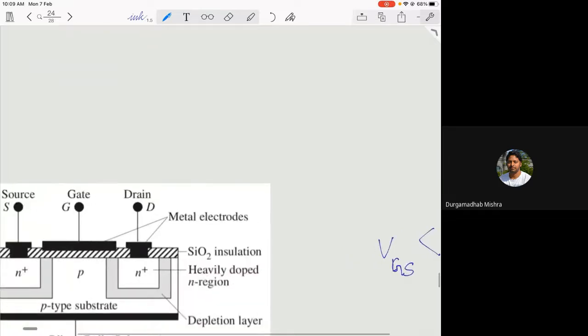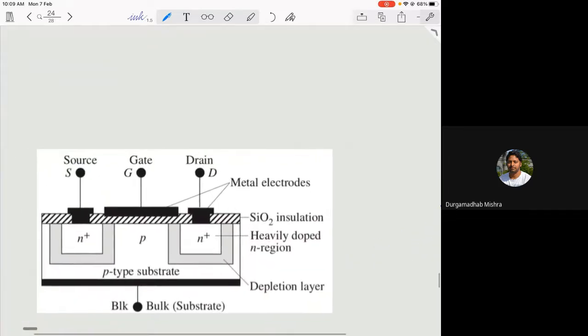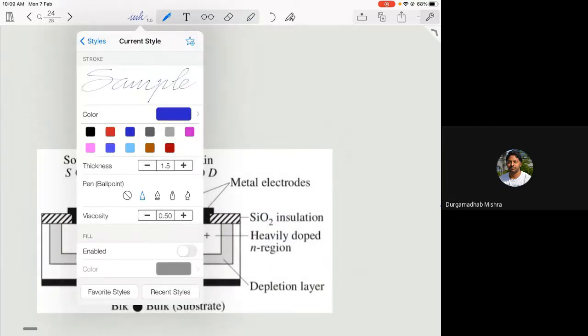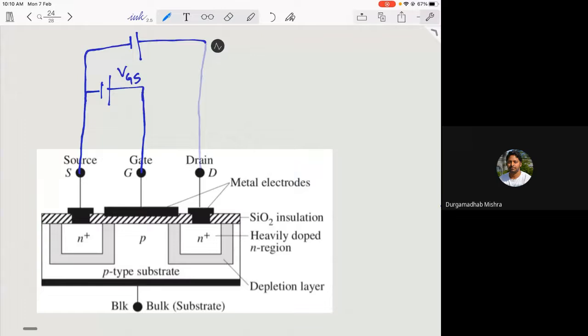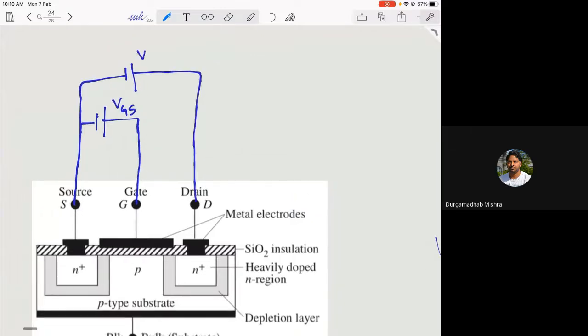So basically what you do is, you have the gate and the source, so they will be connected like this. So this is your VGS. This gate voltage you are applying is between your source and the gate, and then you apply another voltage here.